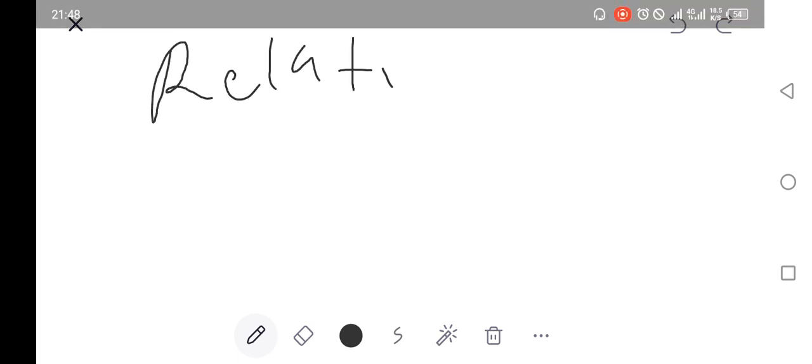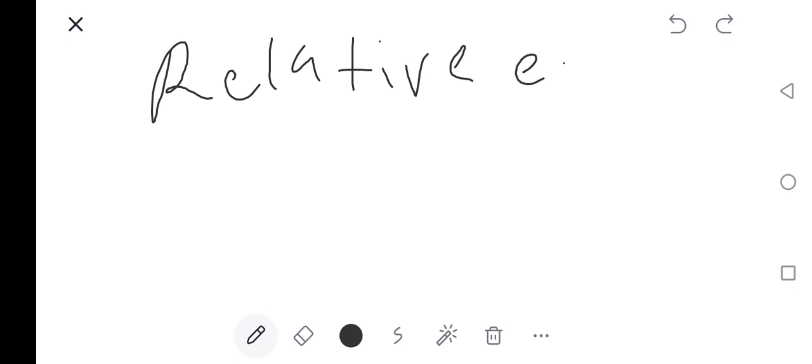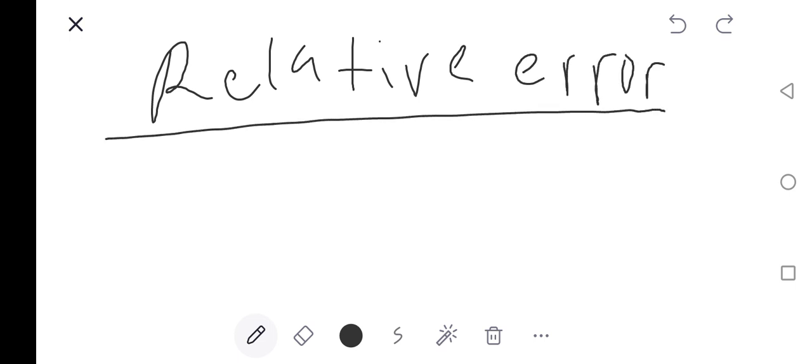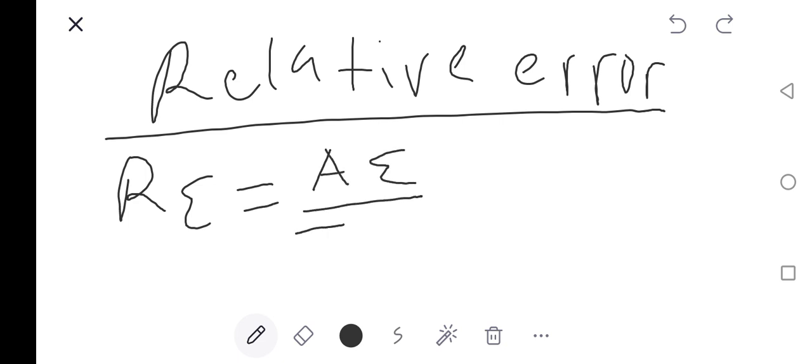Yes. The other formula to master is what is called relative error. Relative error is found by saying absolute error over true value.